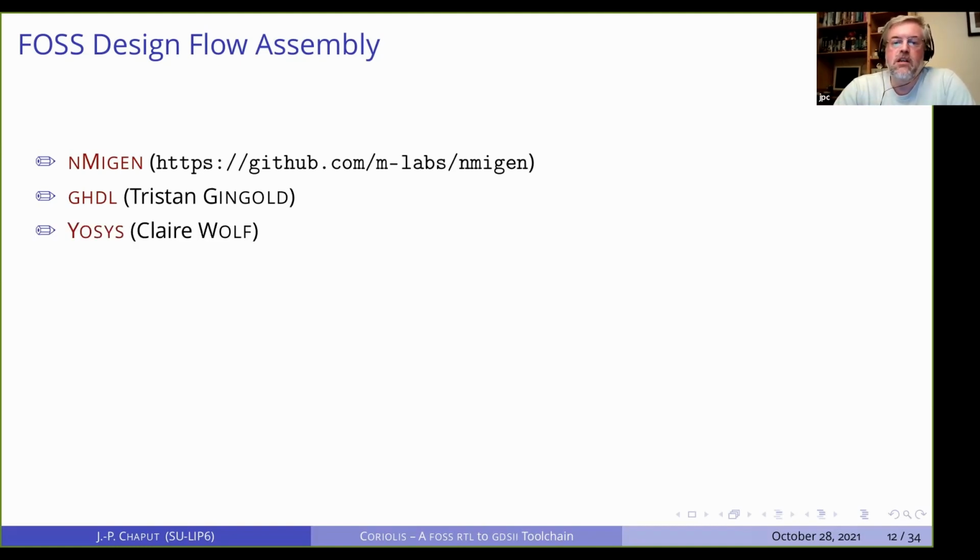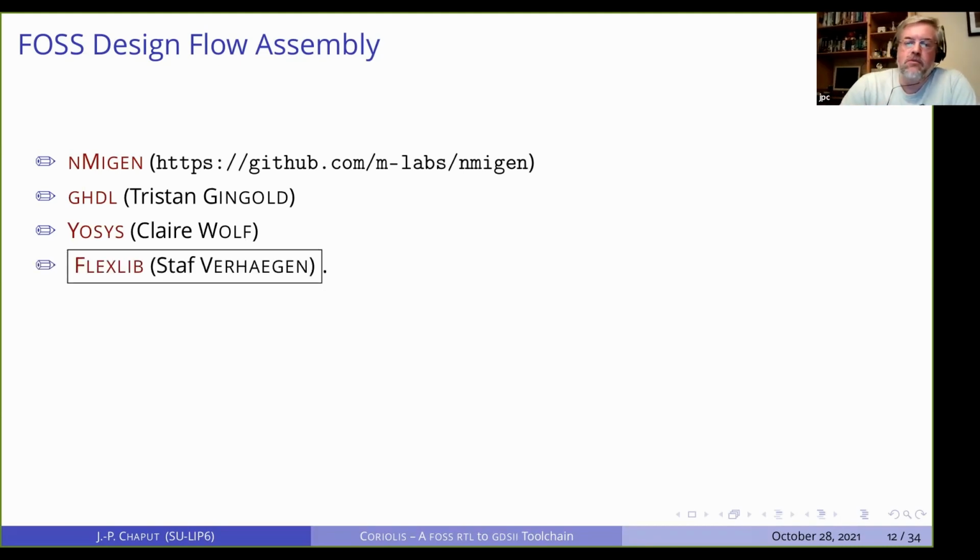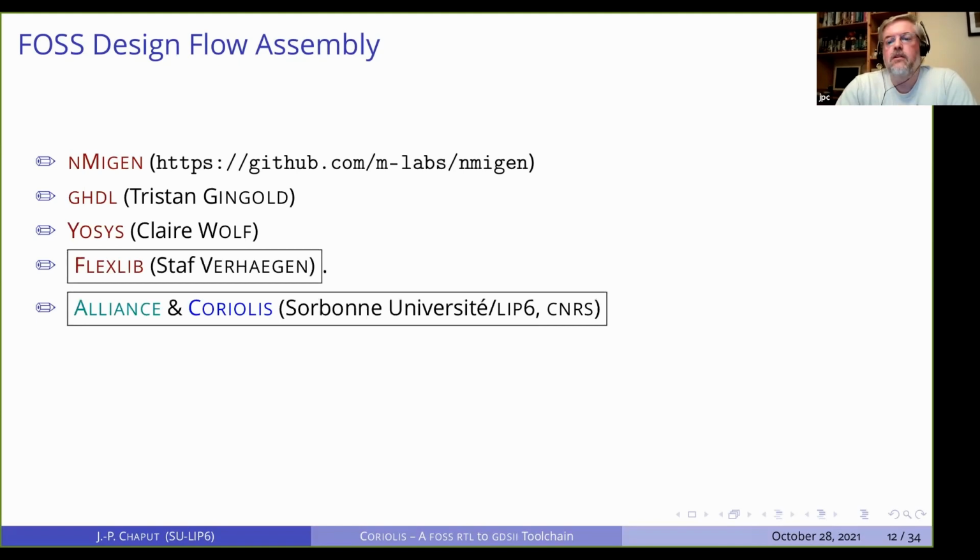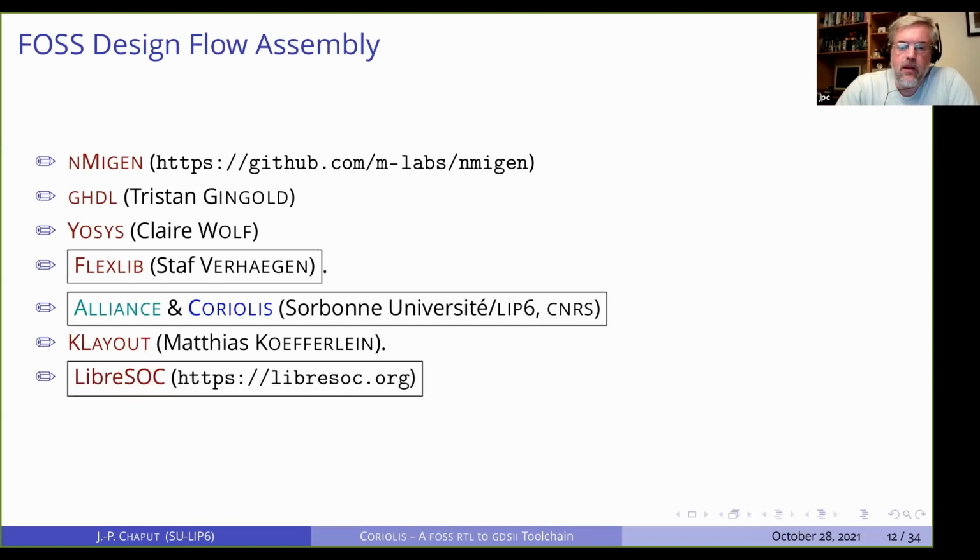Of course, the ubiquitous Yosys for logical synthesis, the FlexLib library from Staf Verhaegen, and Alliance and Coriolis for the place and route and some checking. We also use KLayout from time to time to check the GDSII. And finally, LibreSOC put that together and used all the tools to make their chip.